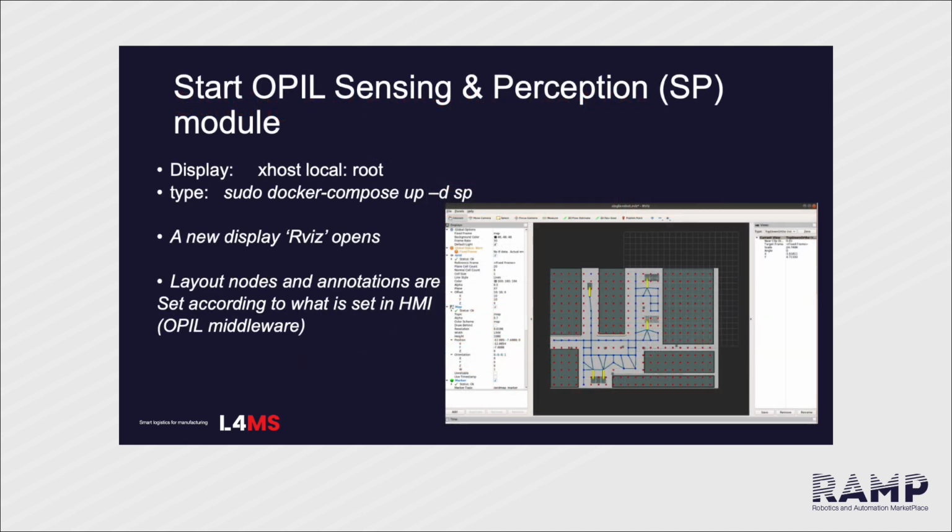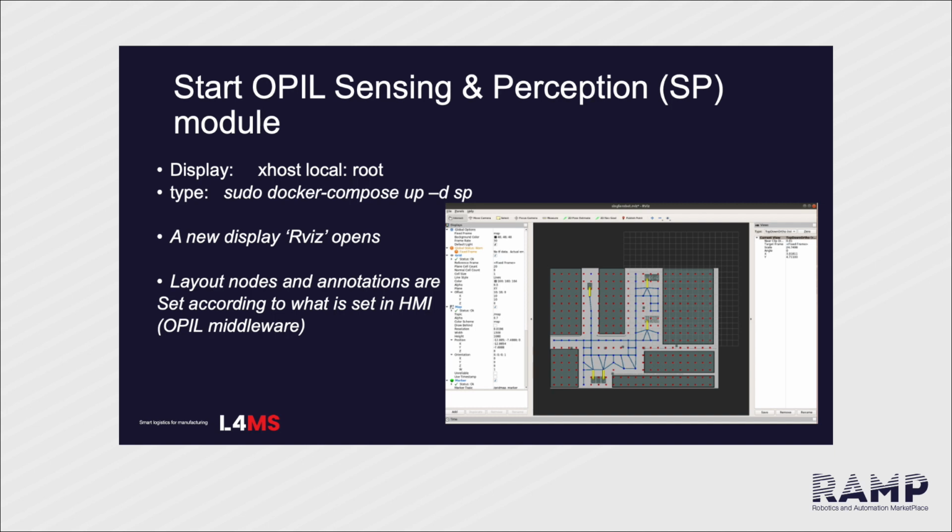Hands-on now. To start the SP, enable the graphic environment by typing xhost local root, and then sudo docker compose up -d sp. You will do this to pull the Docker image of SP. Then, a new display rviz opens and would look like this.